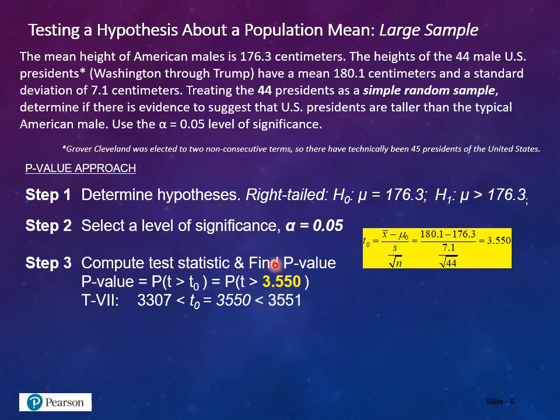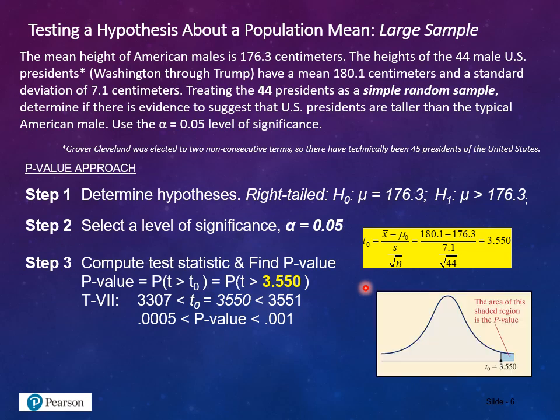It's much closer to this second one. We can see that the p-value goes between 0.0005, which would be what is that? 0.05%. So it's between 0.05% and 0.1%. Okay, and we can see this here.